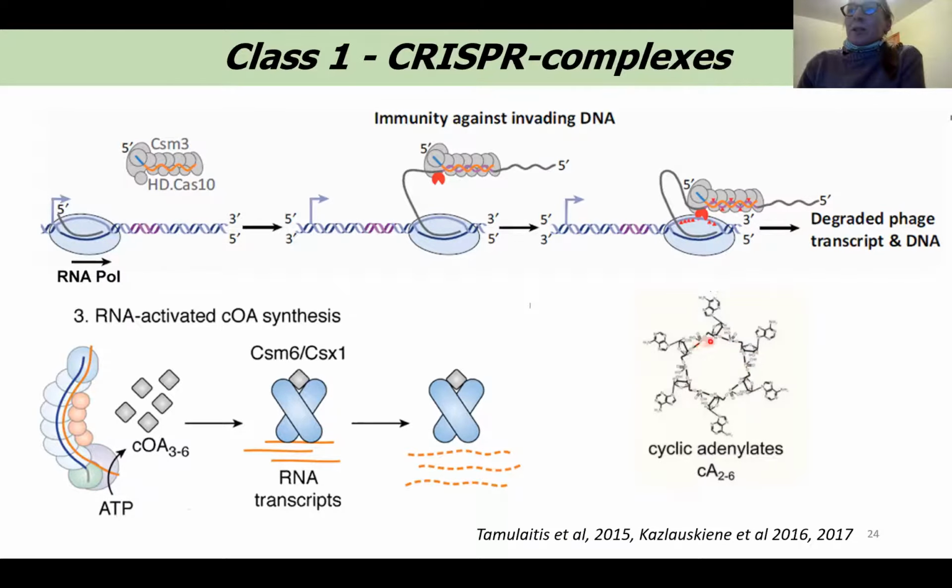And this signal is not useless. It's used for activation of a non-specific ribonuclease, Csm6. And this non-specific ribonuclease can target, for example, phage RNA.